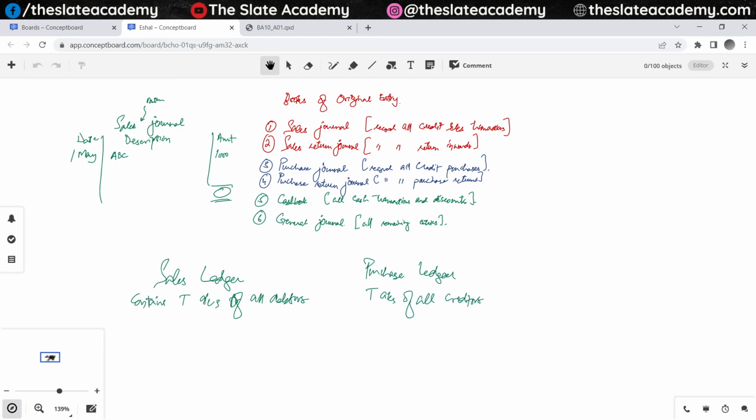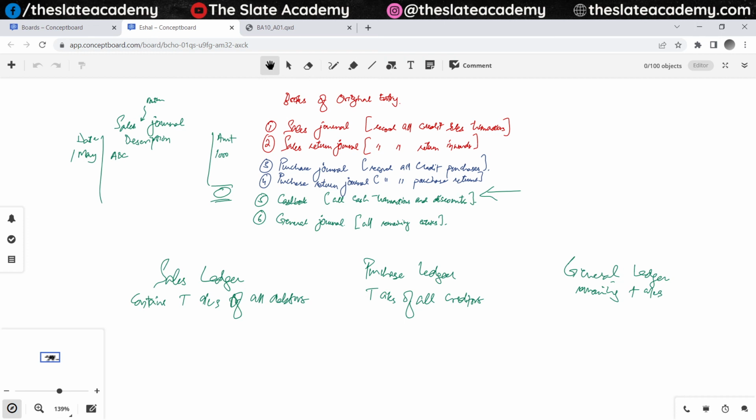And then we have general ledger, in which we will have all the remaining T accounts, except for cash and bank, because cash and bank T accounts will be in the cash book. Cash book is sort of a T account, we'll soon see.